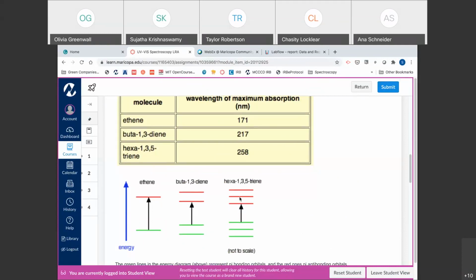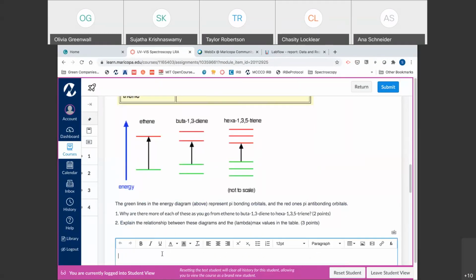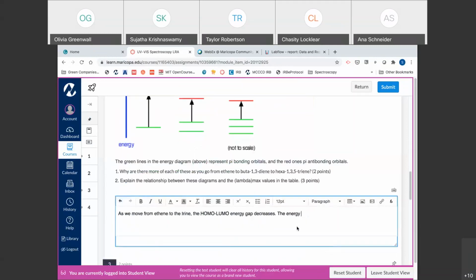So we're going to relate this drawing to these wavelengths. As we move from ethene to the triene, the HOMO-LUMO energy gap decreases.